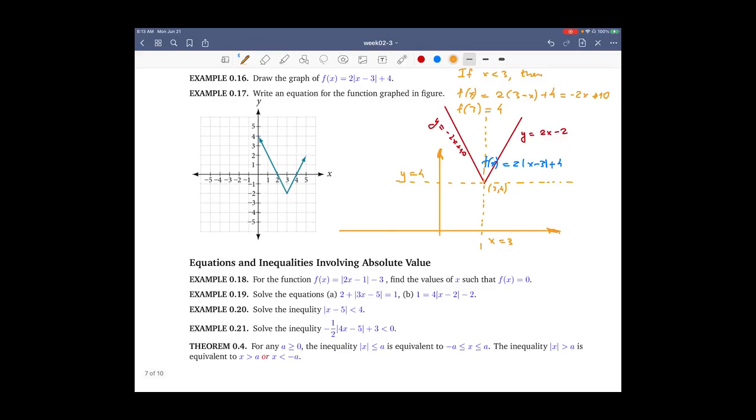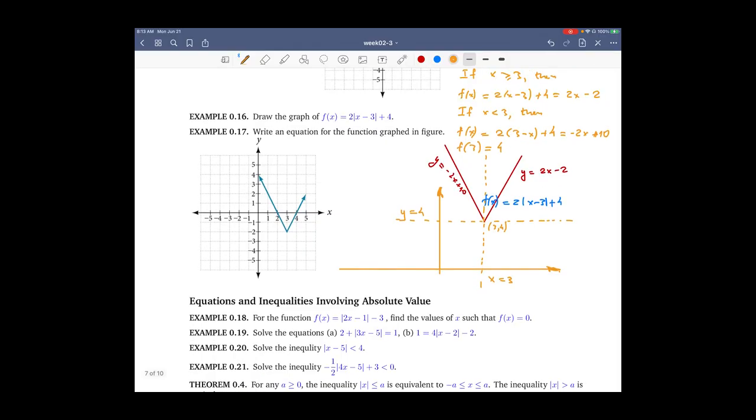In example 17, we need to do the opposite process. We need to start with the graph of a function that was likely obtained from the graph of absolute value of x, and then write down the equation for that function.